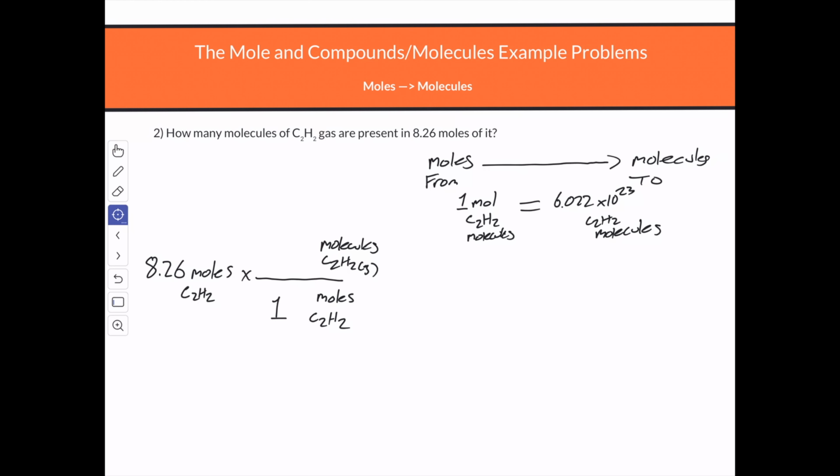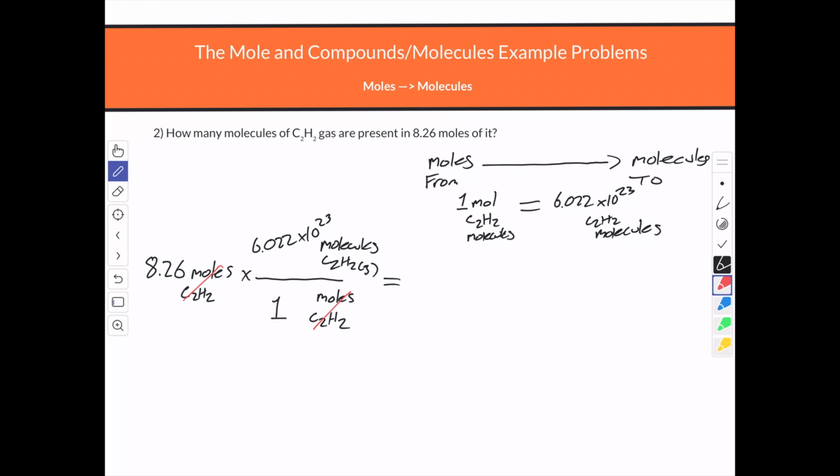We find the number that's associated with it, which is Avogadro's number. That goes on top. So this is telling us we're going to end up multiplying the 2 numbers to get our final answer. Because these units cancel, we'll end up with molecules.